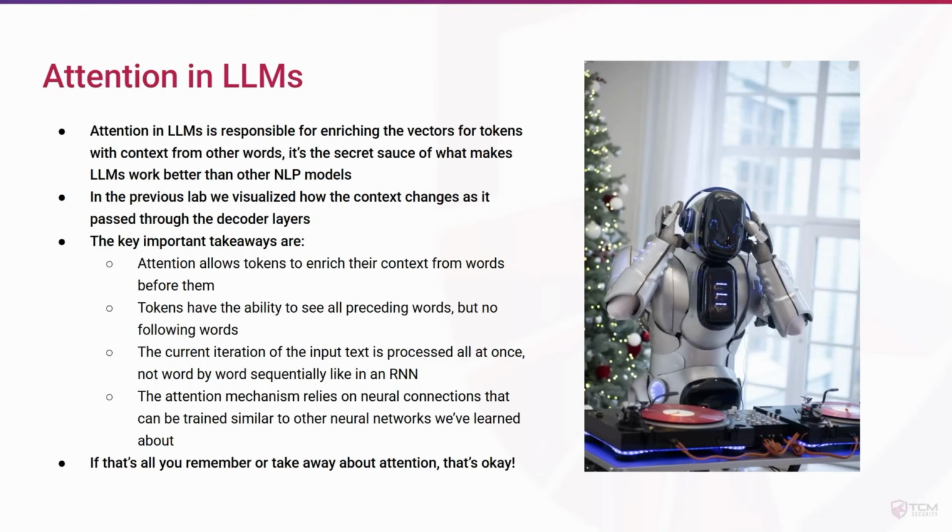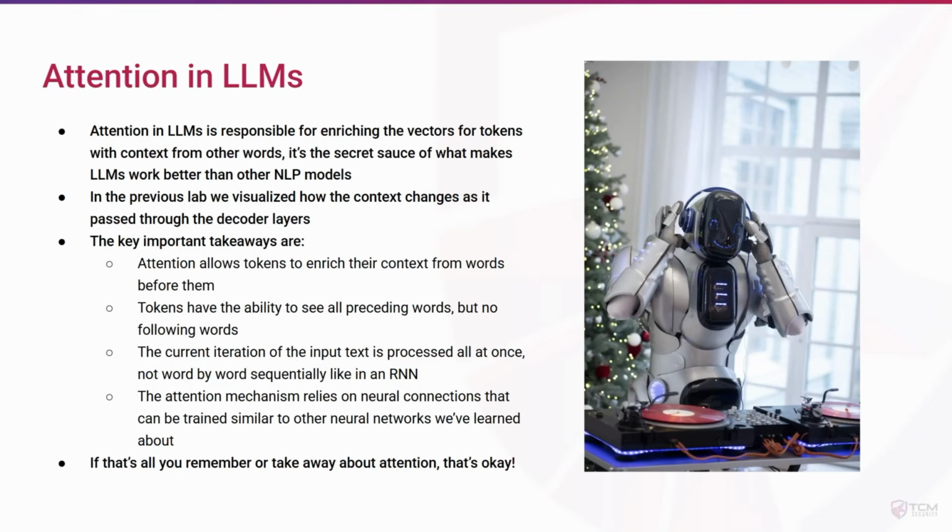In the previous lab we just did, we actually visualized how the context changes as it passed through those decoder layers. The very key important takeaways for understanding attention is that attention is what allows tokens to enrich their context from previous tokens, or if it's easier to think about, you could think of from words before them.